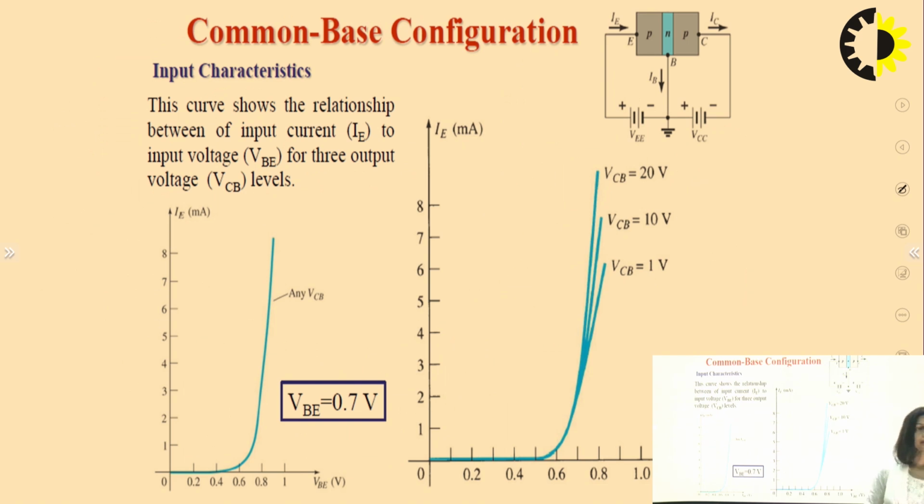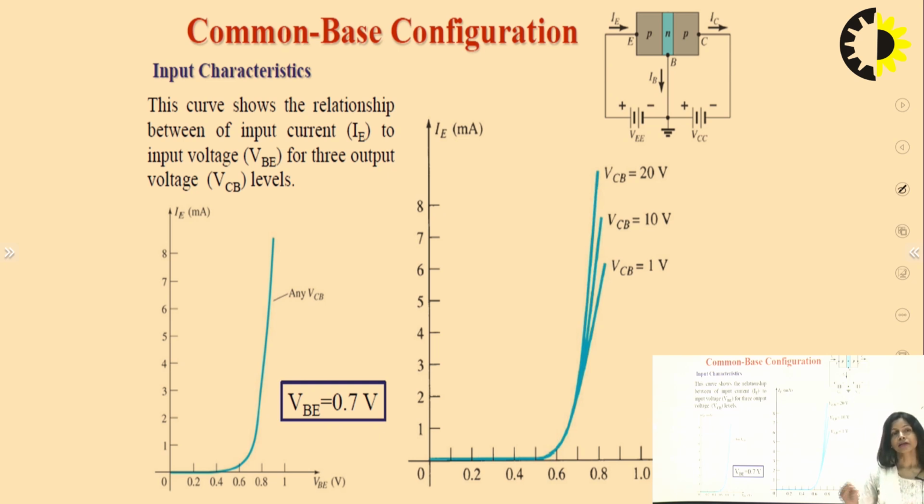Now we can see the input characteristics and output characteristics of the transistor. How do we define the input characteristics? Input characteristics is the graph between input voltage and input current, keeping one parameter of the output constant. Similarly, the output characteristics is a graph between output voltage and output current, keeping one parameter at the input constant.